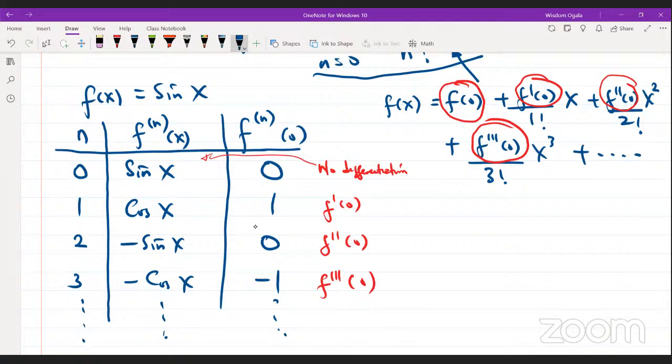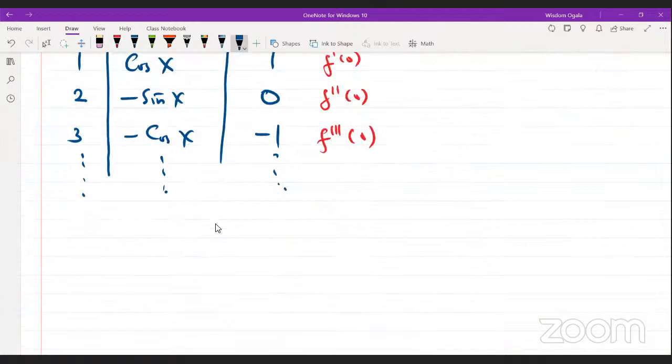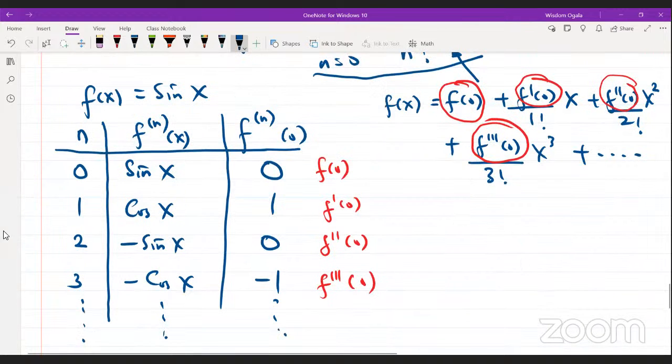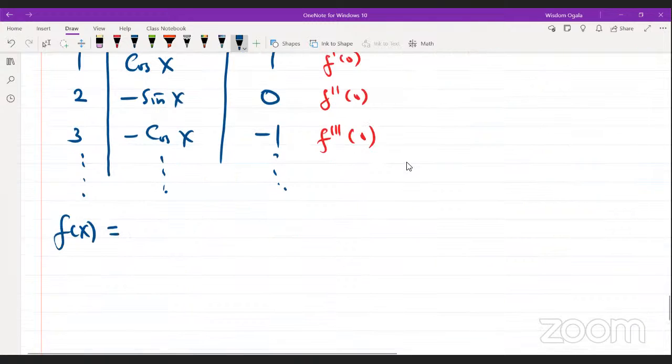So now we need to plug in things. No differentiation, that is this part, we have f of 0. Let me use my red. I need to plug things back into this f of x. F of 0 is 0, so I have a 0 here.